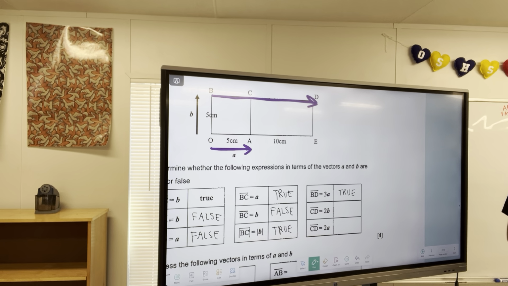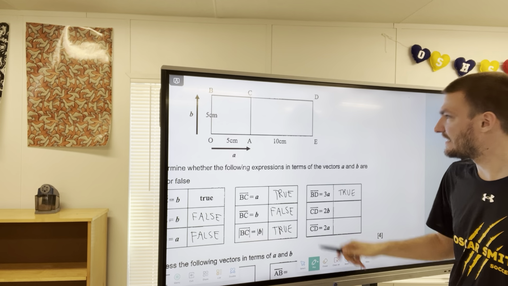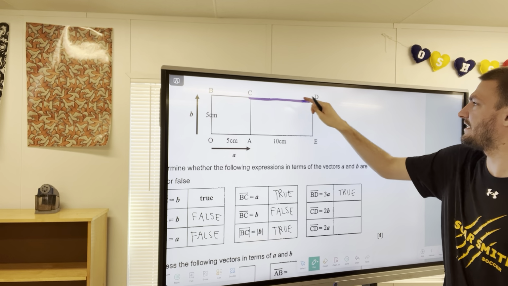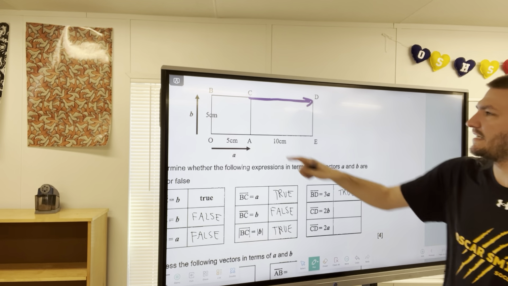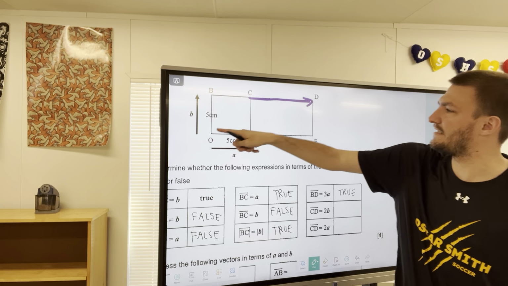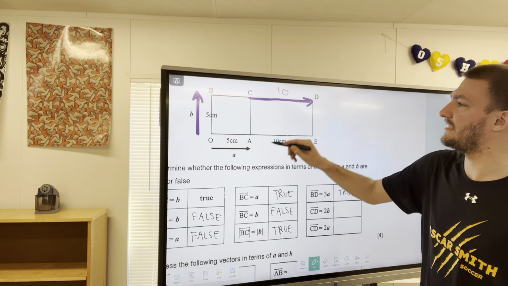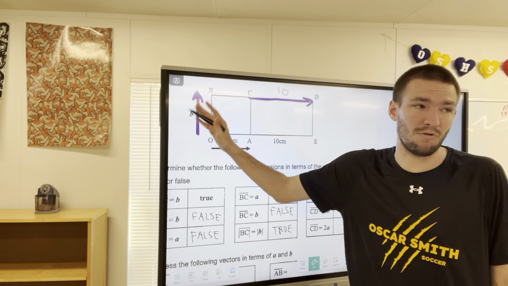So doing math with scalar multiples is really quite easy. Let's speed it up a little bit. CD equal to 2B. Well, let me erase this for a second. CD is going to be from here to here, and 2B is going to be from here to here doubled. Now, I know that up here is 10, and this is going to be double 5.